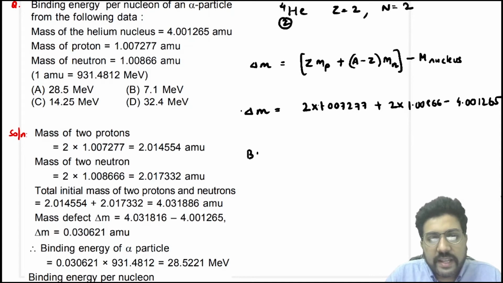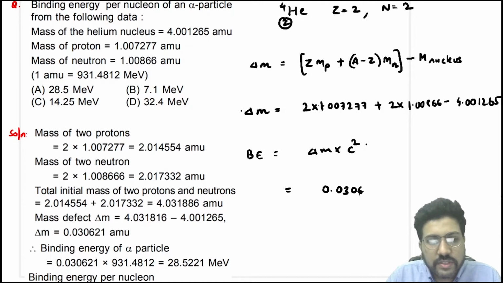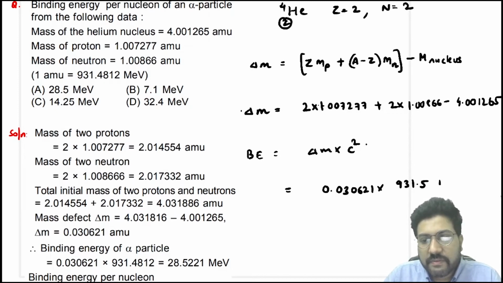Now the binding energy is nothing but mass defect multiplied by c square, right? So the mass defect that we will see from here is 0.030621, and this is in AMU. Now 1 AMU into c square can be written as 931.5 mega electron volt. So from this you will get the binding energy is approximately 28.52 mega electron volt.